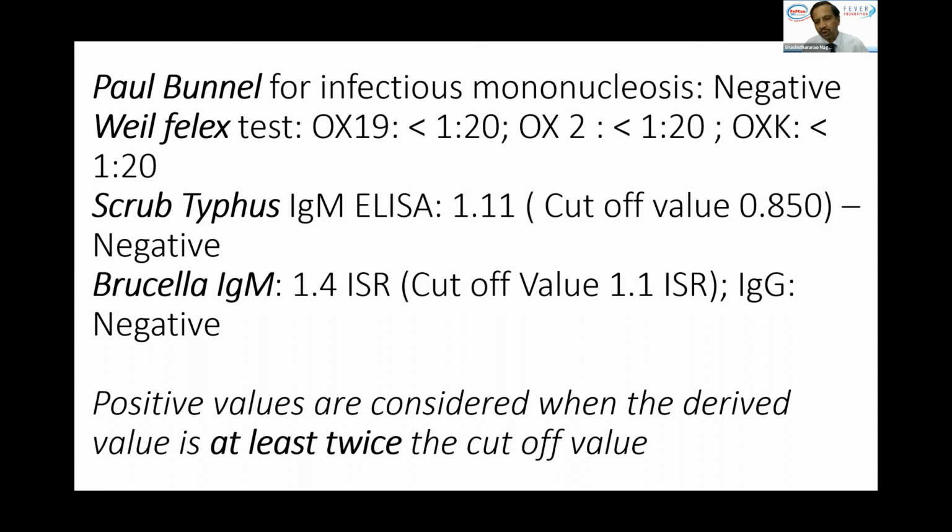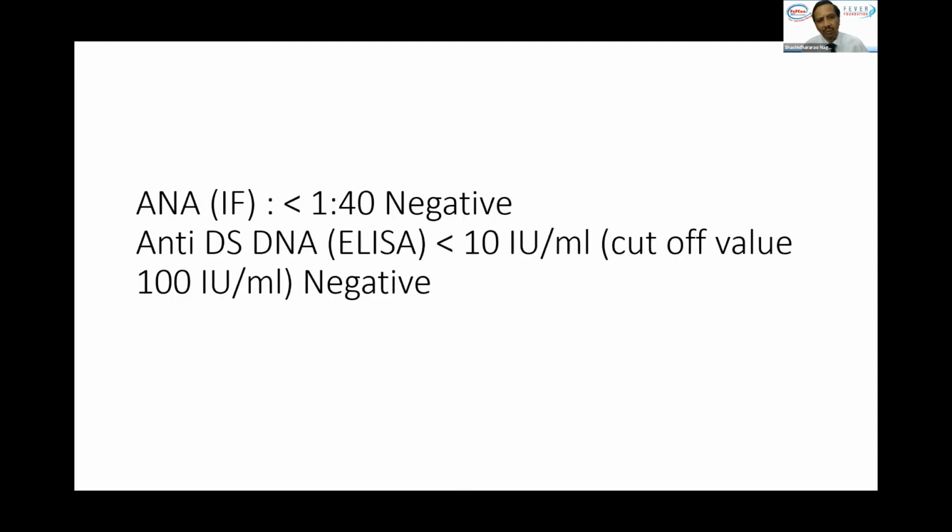And we know for sure that the immune response gets better with time. So I would rather repeat these tests after a gap of at least a week or 10 days in order to see if there is a rising titer to the IgM or immune response for these situations, because we are considering the possibility of typhus and brucella quite significantly in our discussion.